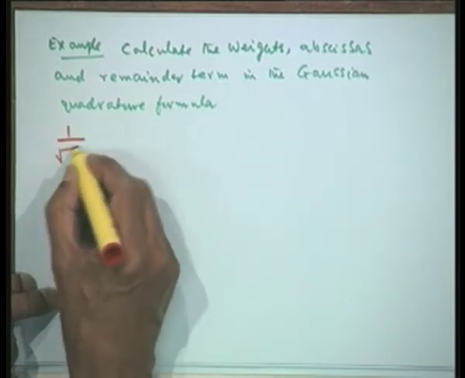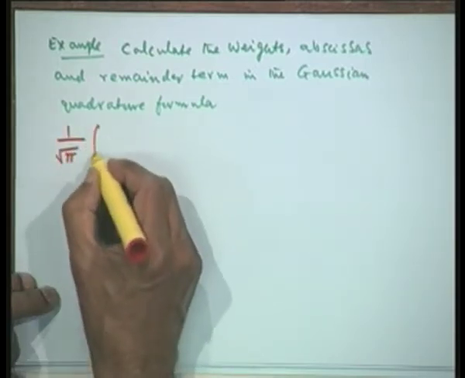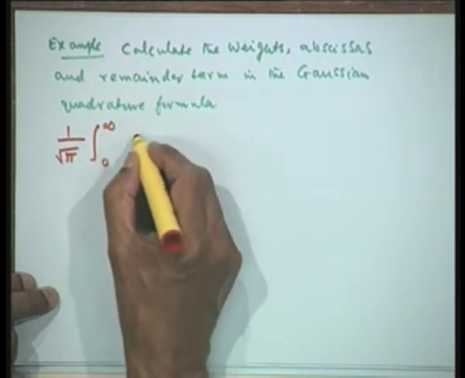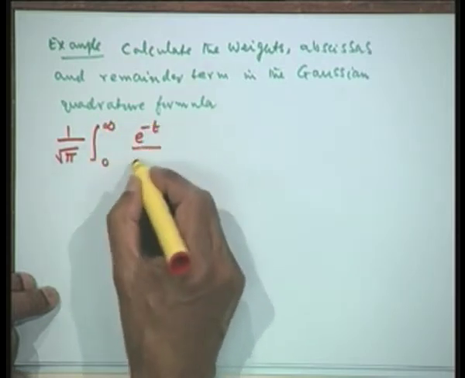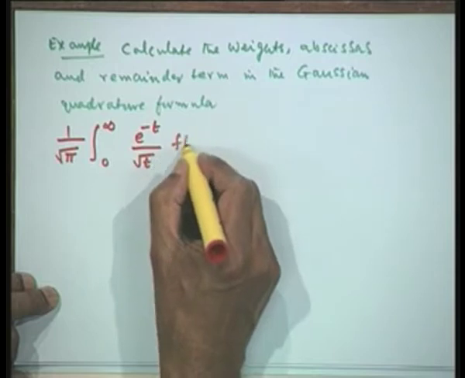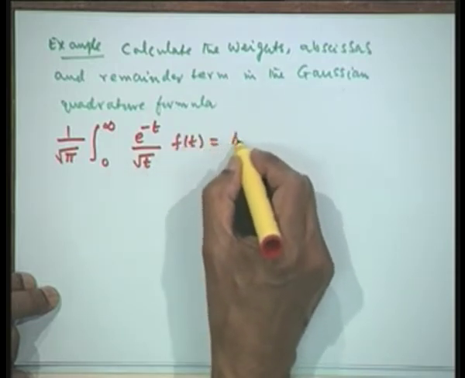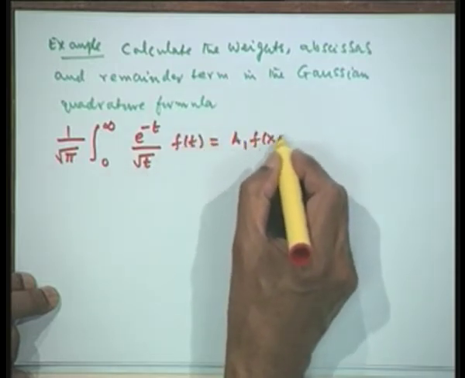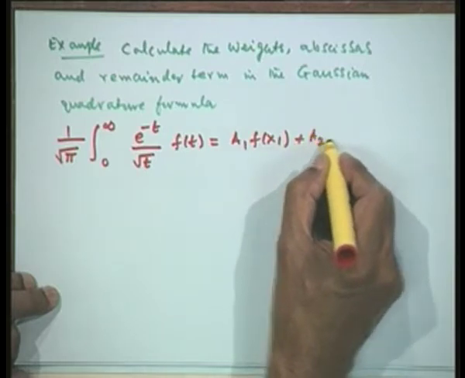1 upon root pi, integral from 0 to infinity of e to the power of minus t by root t f(t) dt is a1 f(x1) plus a2 f(x2).